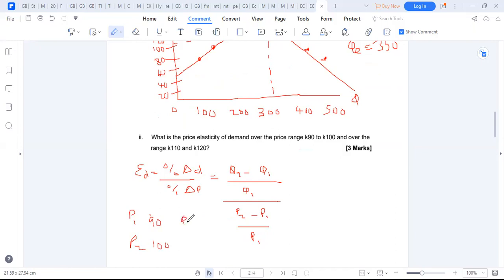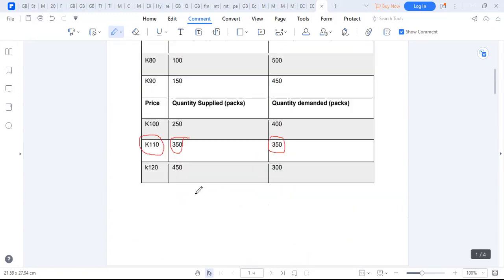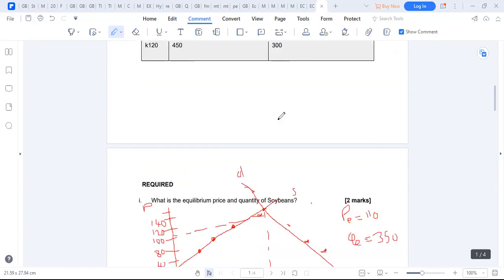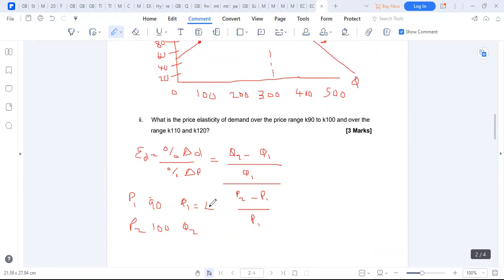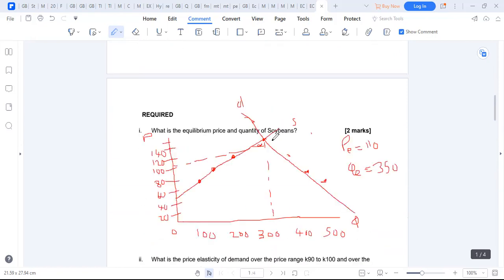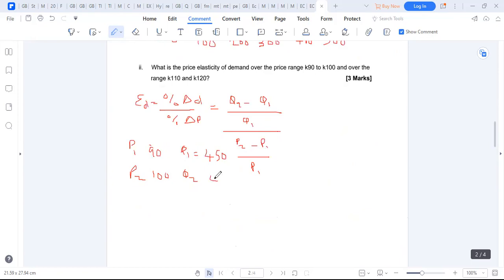So Q1 and Q2: at 90, what is our Q? We are dealing with quantity demanded, so we put 450 there. Then at 100, what is our quantity demanded? 400. So using this formula, elasticity is Q2, that is 400 minus 450, divided by 450.